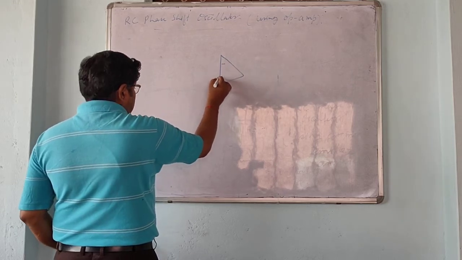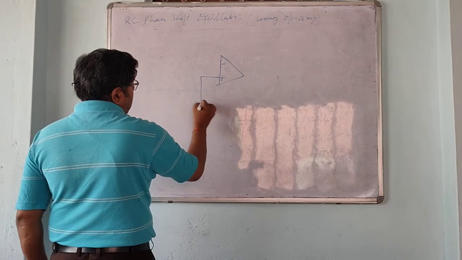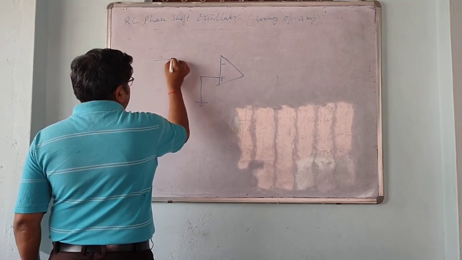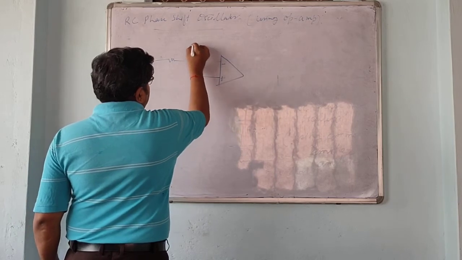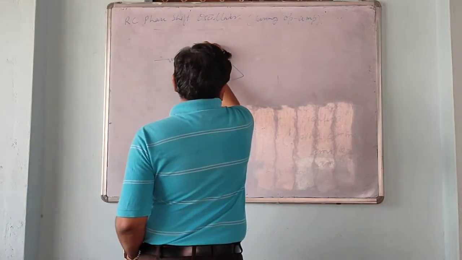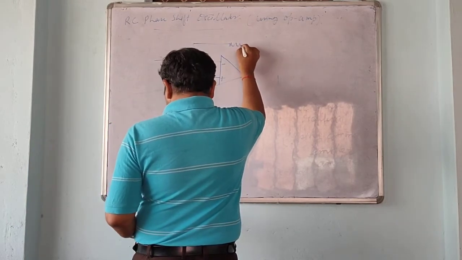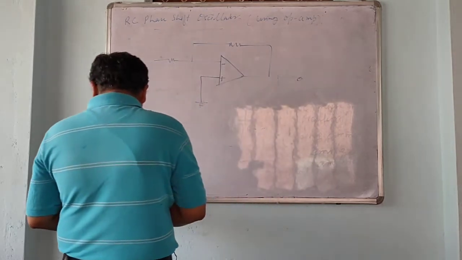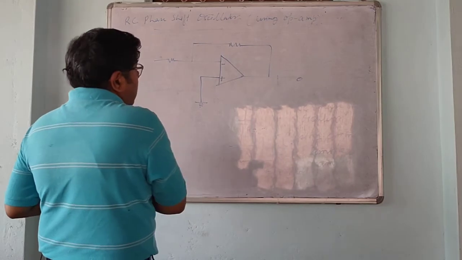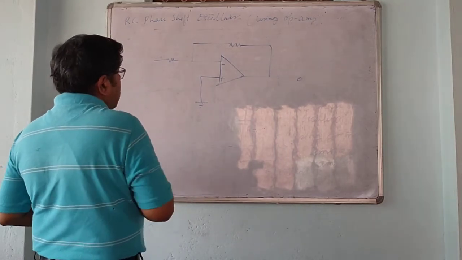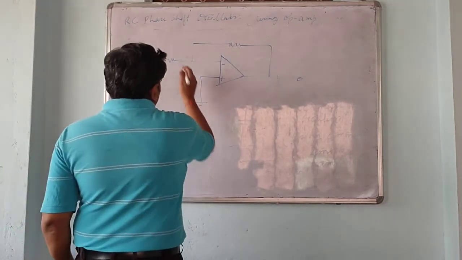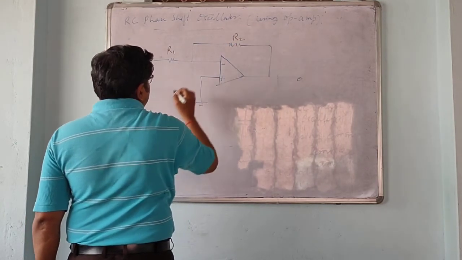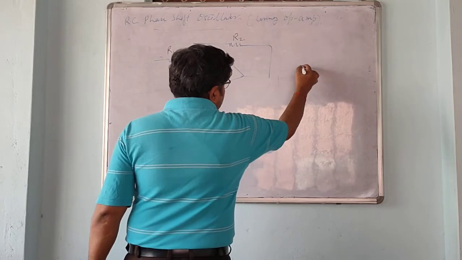There are two inputs. Non-inverting is grounded, and here at the inverting input we are providing input. So this is the circuit. This is R1, R2. This is out.